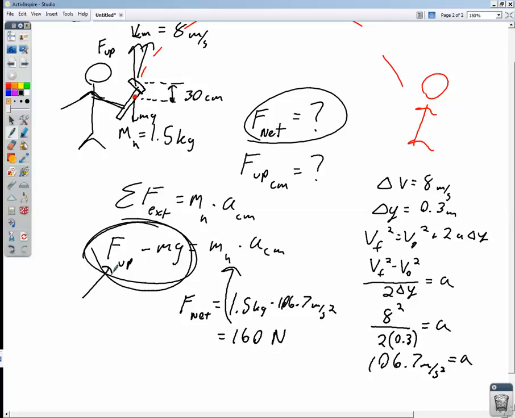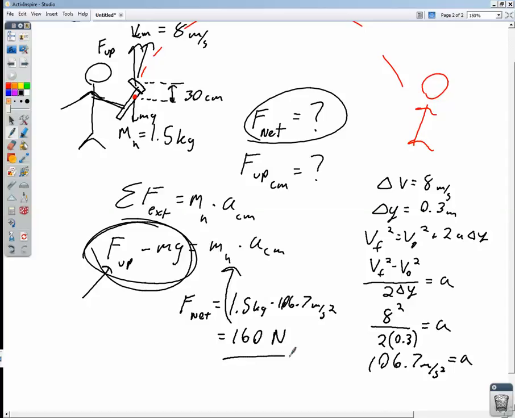This is 160 newtons the net force, so the guy actually doesn't have to apply that much force. It's going to be that minus the weight of the hammer, and the weight of the hammer is 9.8 times 1.5. So we end up with about 145 newtons of force the guy only has to apply upwards to get the hammer going. So this problem really is no different from any other problem we've been doing.